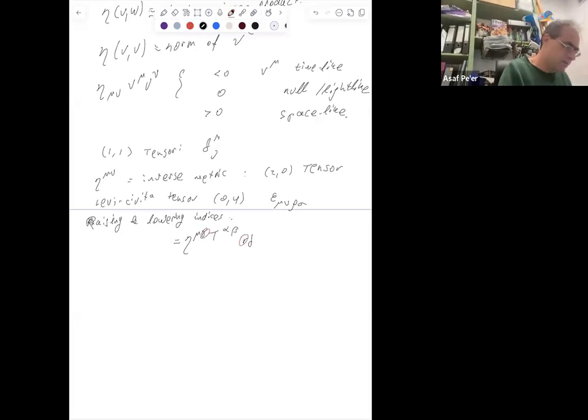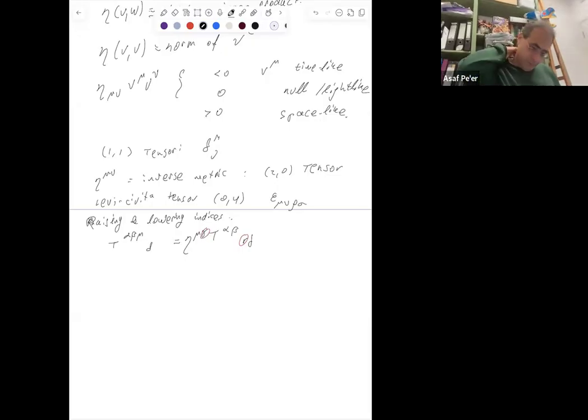I'm going to get T alpha beta mu delta. Note very importantly that the locations of the other indices don't change. I don't switch the order of the indices. That's very, very important.